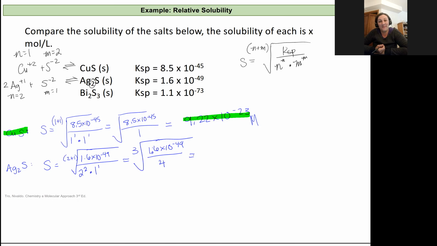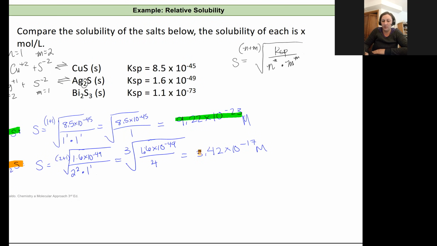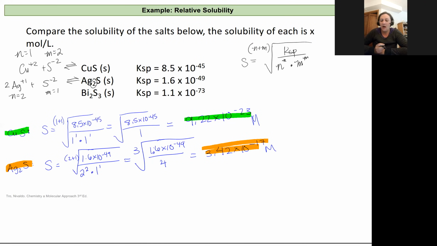When I plug this into my calculator, I get a value that is 3.42 times 10 to the negative 17th molar. So I can see that my silver sulfide is actually more soluble than my copper sulfide, which isn't something I would have predicted based on the solubility products if I compared them.